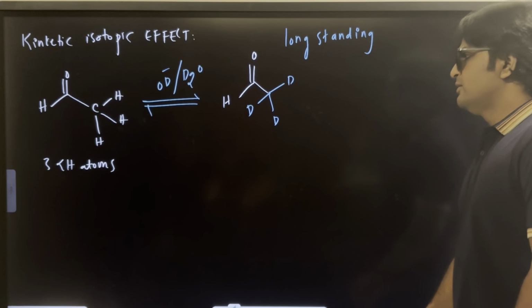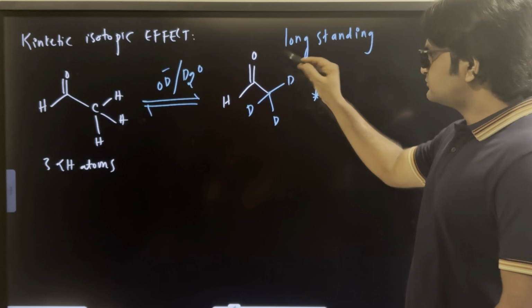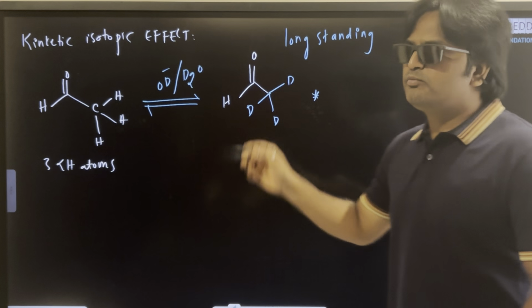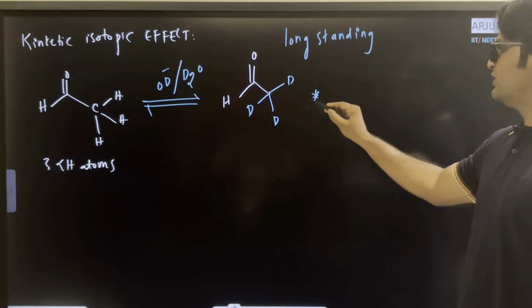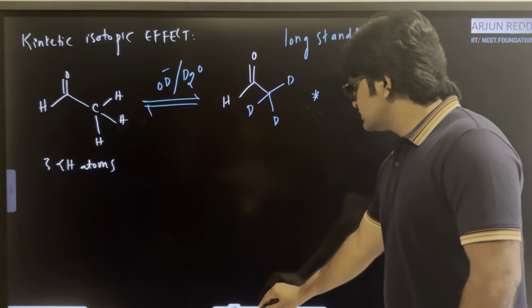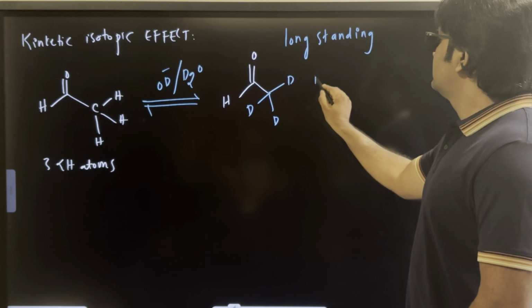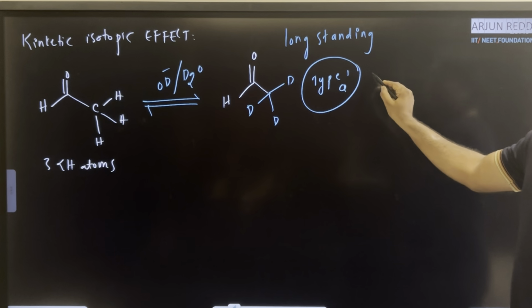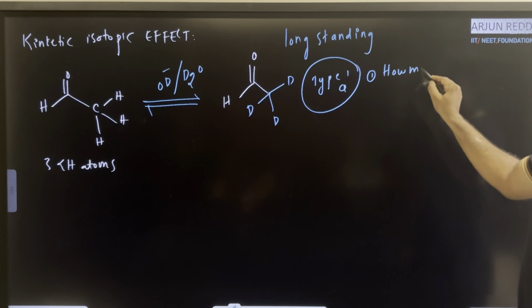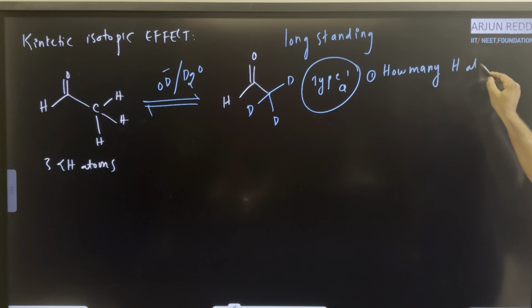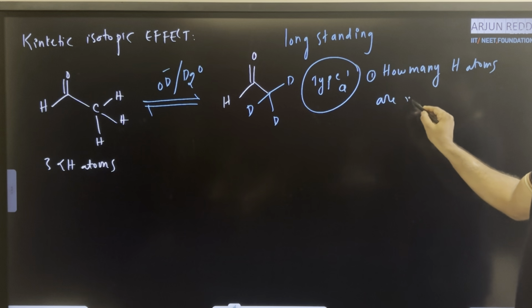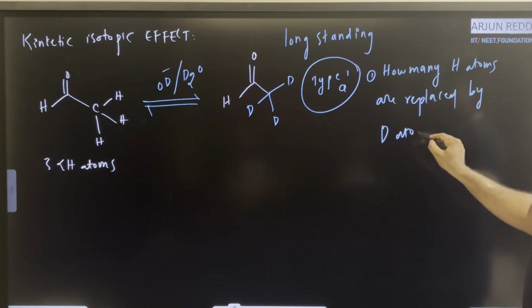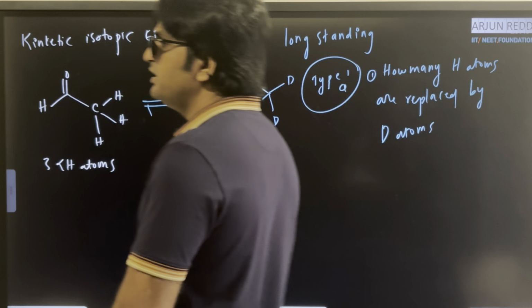What kind of questions do they give on the basis of the kinetic isotopic effect? So what is the molecular weight difference between reactant and product? That is the kind of question coming from the kinetic isotopic effect. Here, type 1 question: how many hydrogen atoms are replaced by deuterium atoms? That is the first kind of question on the kinetic isotopic effect.